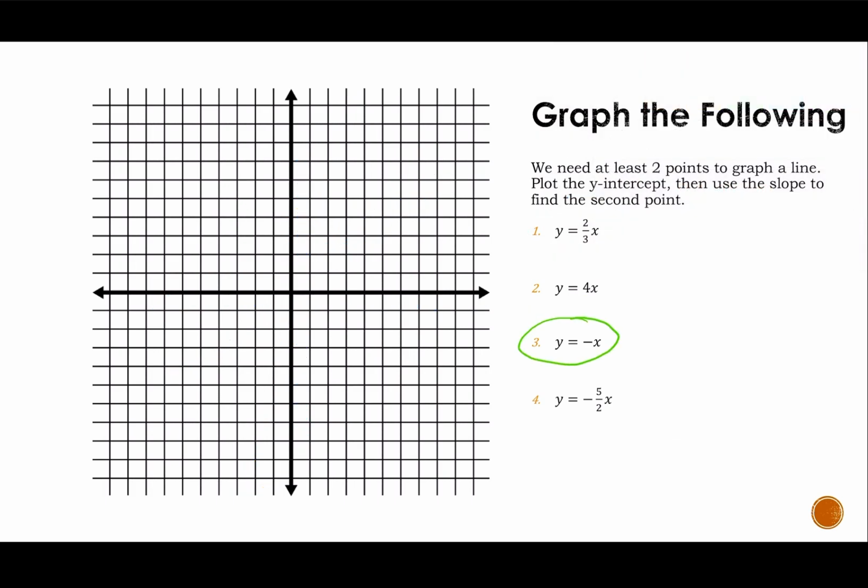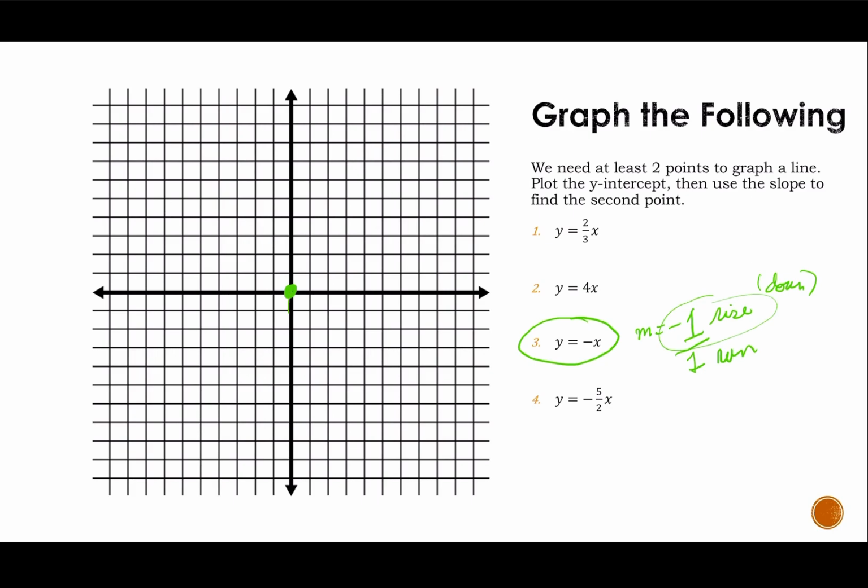So example 3, I've got y equals negative x. So that means my slope is negative 1. I can write that as a fraction over 1. So I've got my rise over my run, right? Now, normally we go up for rise, right? But because it's negative, this time we're actually going to go down. So I've got my y-intercept.